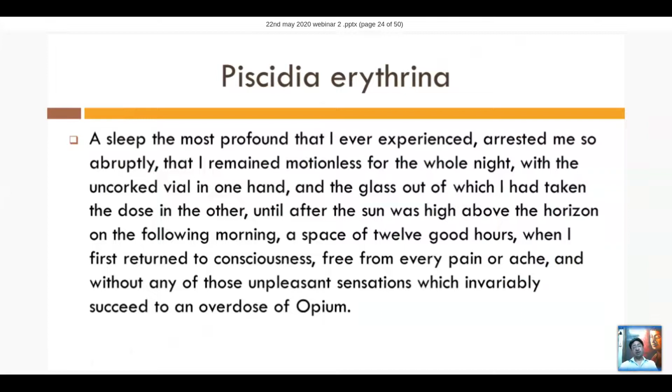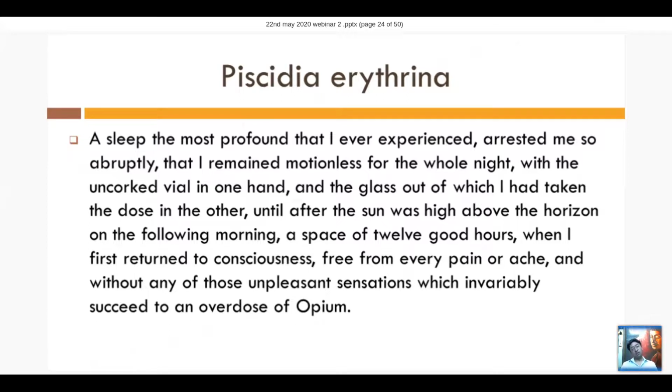Now see, in the last case, we saw that it was not sleep overpowering, it was just dozing like this. Whenever he is relaxed, he is dozing. He feels sleepy. So the remedy must have exactly the same symptom. It should not be sleep overpowering, it should be dozing. Now in this case, the sleep is profound.